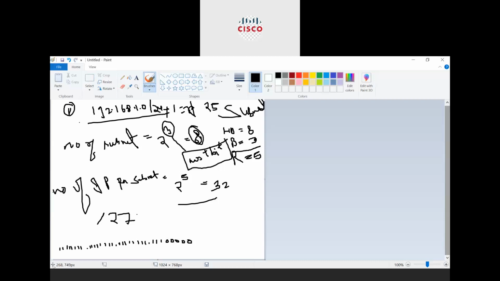This is the way we have discussed how to calculate a subnet mask: we simply put 1 in all the network bits.